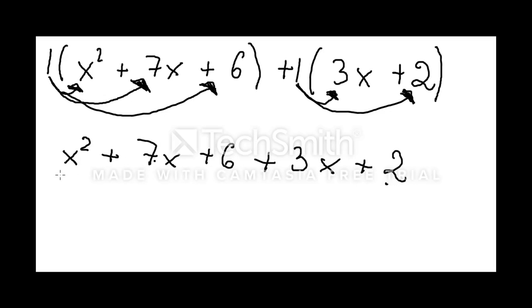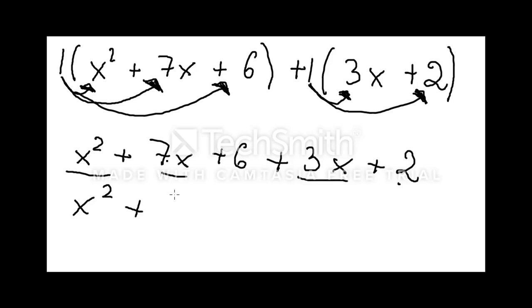So I see only one x squared term, and I don't see any other x squared term in here, which means that there's only a single x squared term. Now I look for other things that have x attached to them. So I see a 7x and I see a 3x term as well.